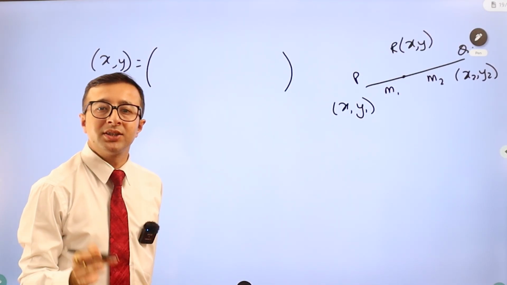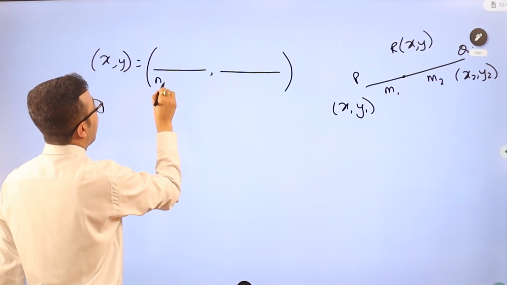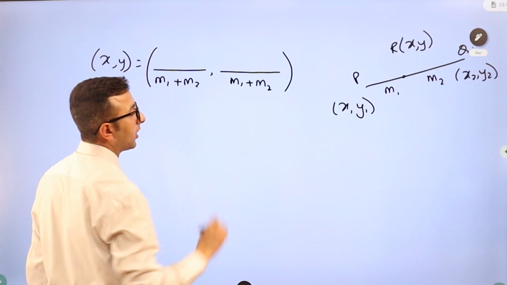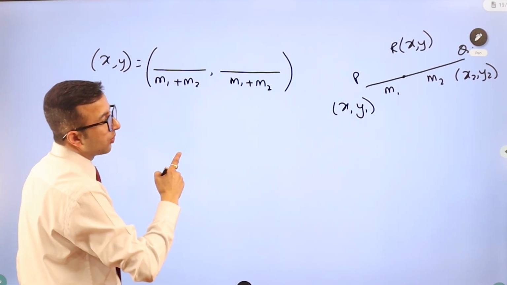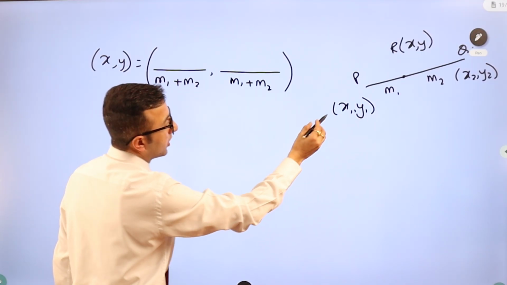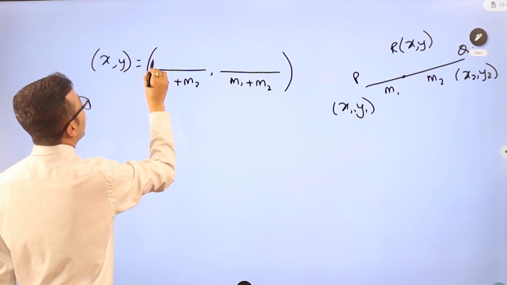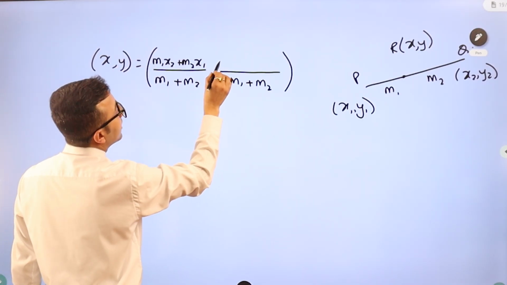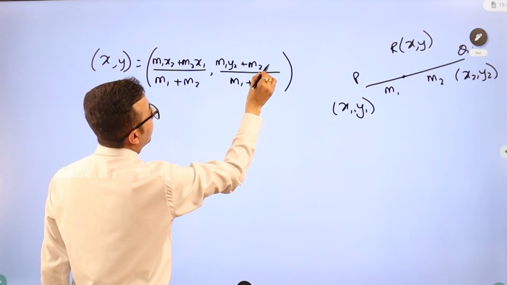This is a very easy trick to memorize the formula. m1 plus m2 for both: write it down, the total number of parts. Now to find the value of x, only the x coordinate points should be used. So here is x1, there is x2. This x1 will be multiplied with m2, and x2 will be multiplied with m1. So m1 x2 plus m2 x1. And here for y also the same, m1 y2 plus m2 y1.